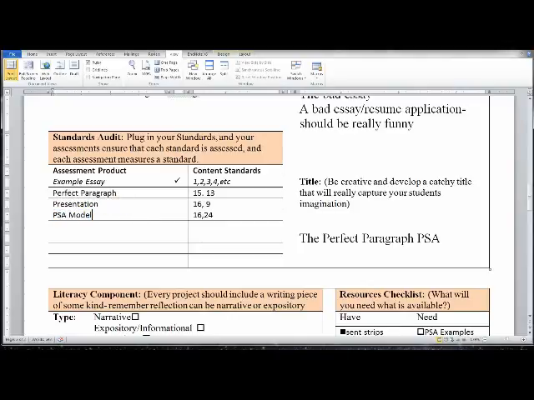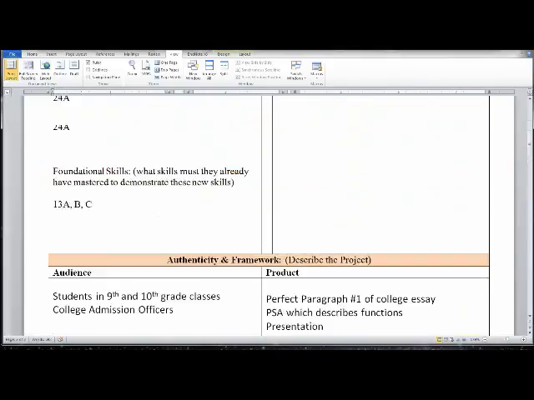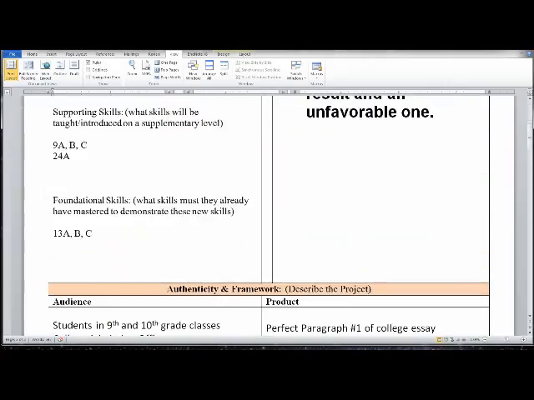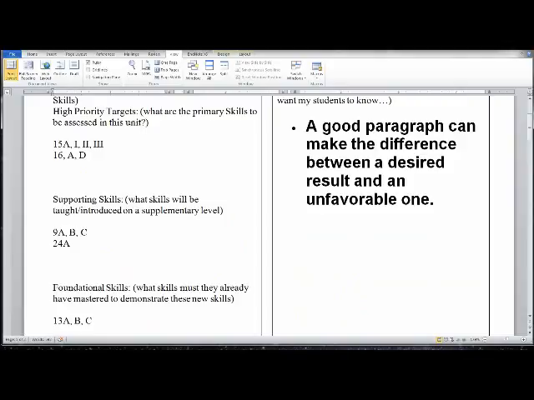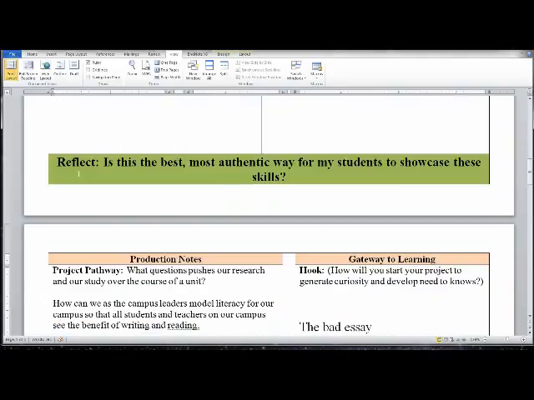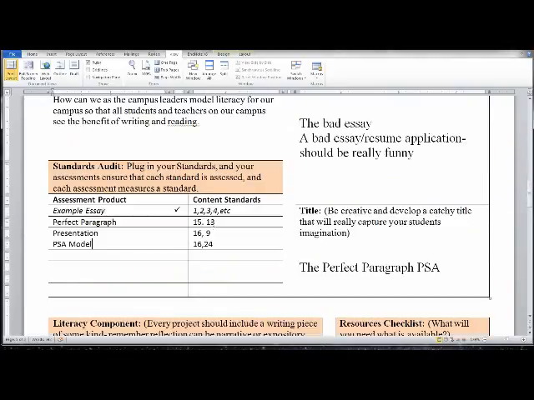And so when I look at this, content standards, are they doing what they need to do? When I go back up and look at my standards, which I've shortened and truncated, all right, so expository writing process, got it. The presentation, they're going to be doing persuasive writing and expository reading. Yep, they'll be doing that.